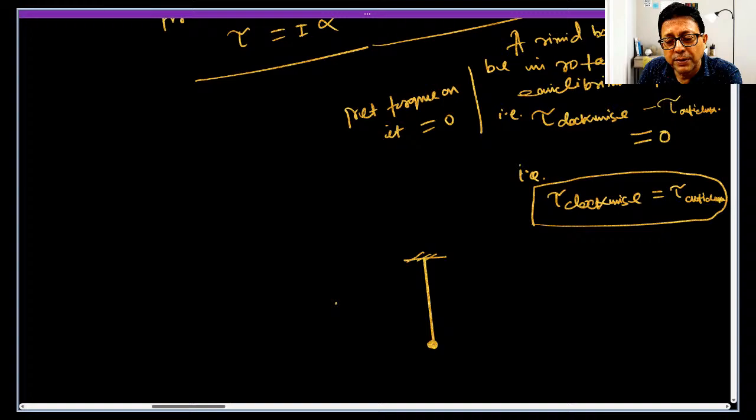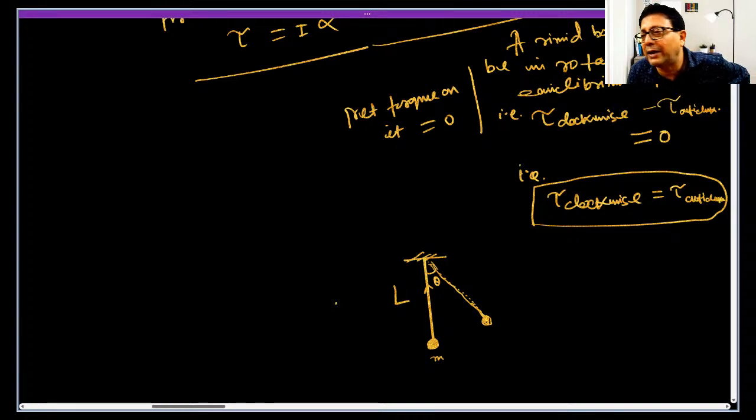The mass of the bob is m and the length of the cord is L. It is taken to some height in such a manner that the cord makes an angle theta.